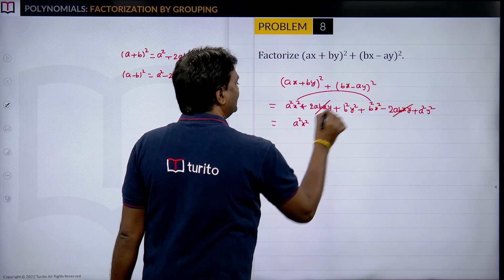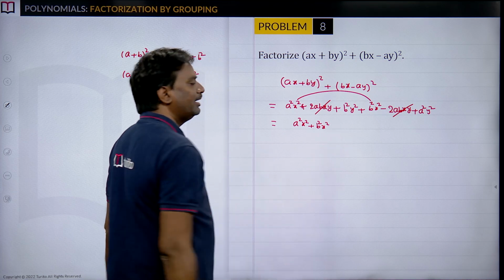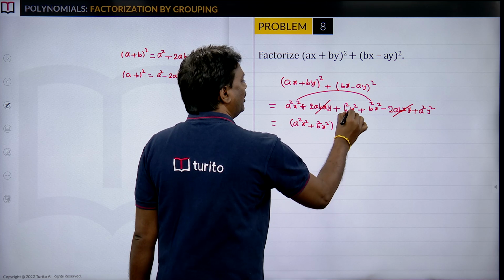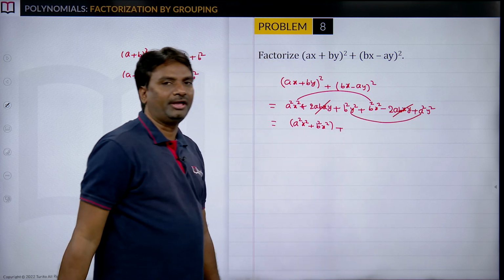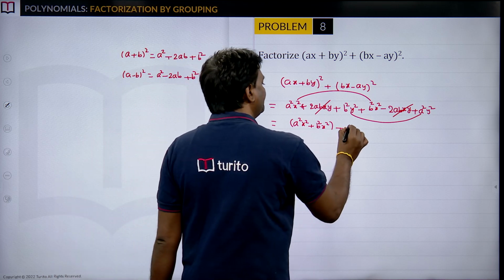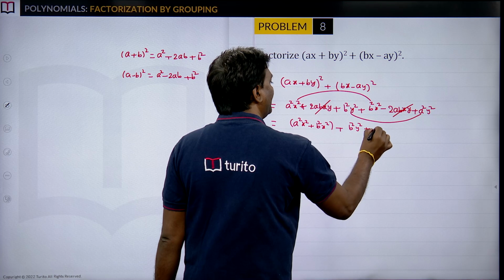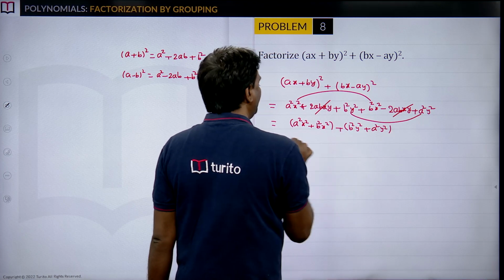By writing these two terms at one place, a square x square plus b square x square, plus here we have b square y square, here we have a square y square. By taking these two terms as second group, b square y square plus a square y square.